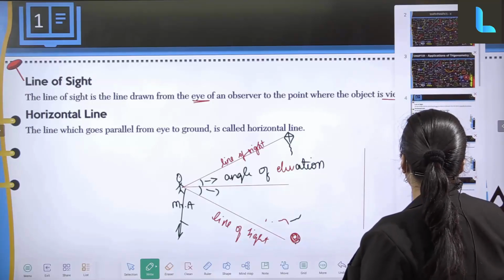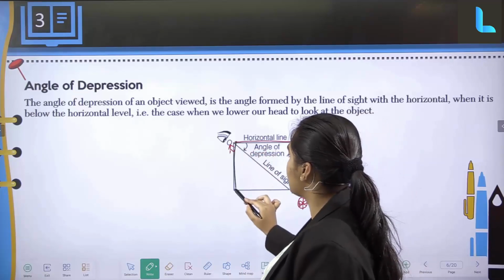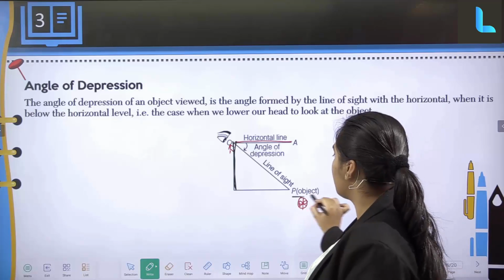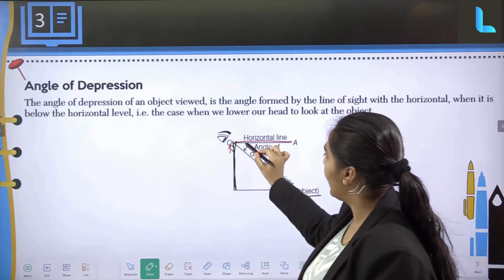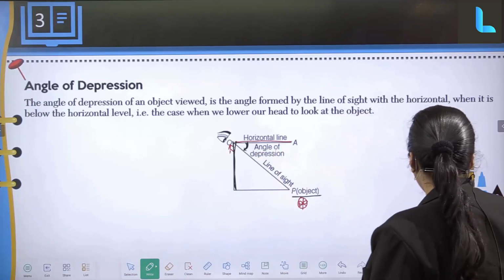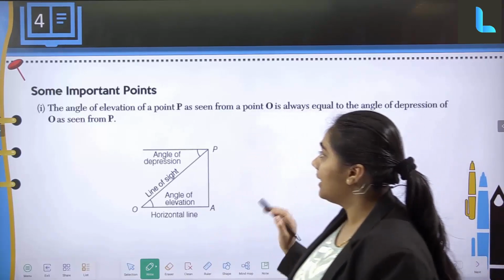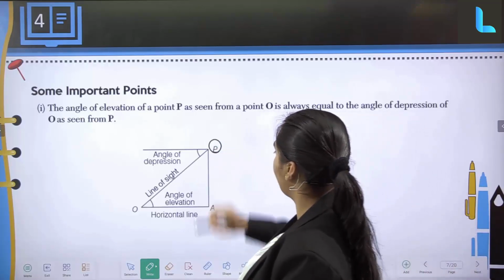This is a horizontal line, and let's consider he is standing on a tower or a building, and there is some object over here. This is going to be the line of sight, and the angle which gets formed is the angle of depression. What is the next thing? See over here, the angle of elevation of a point P as seen from point O.